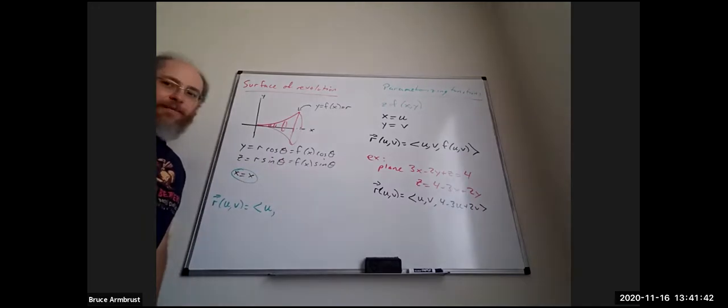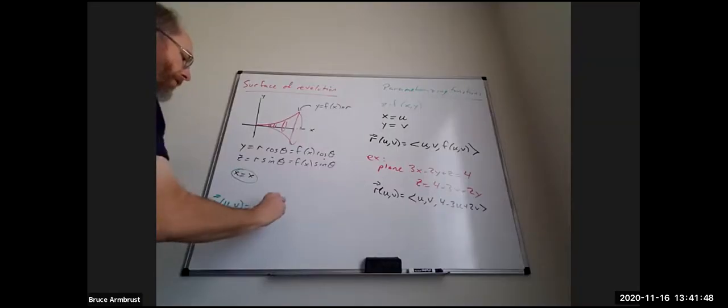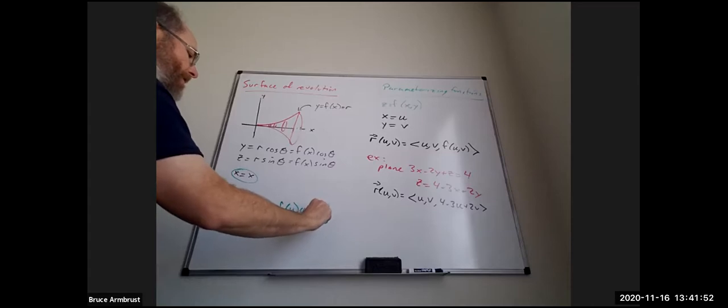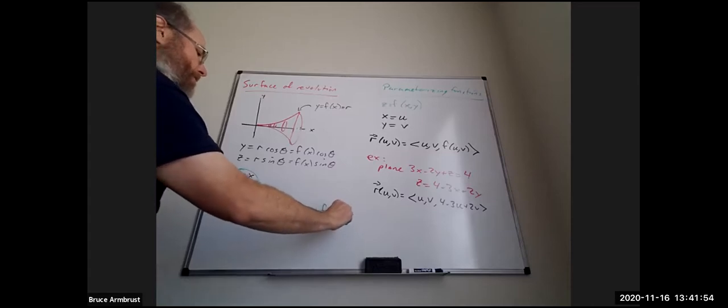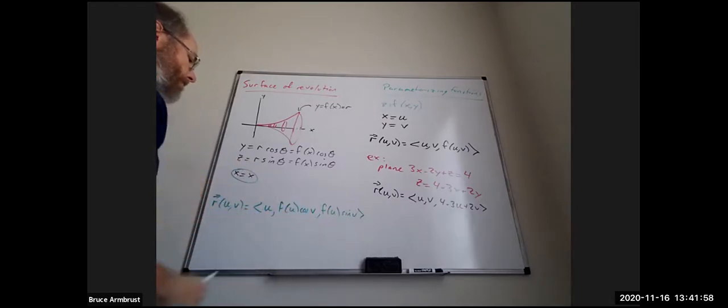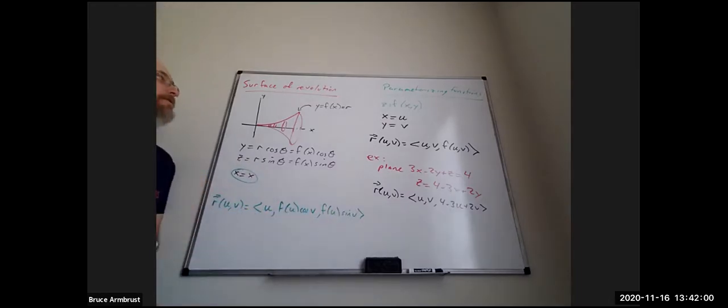So what's the v going to be? Theta. Yeah, the only other one out there, which is theta. So we're going to get u, f of u cosine v, comma, f of u sine v. And so there's a parameterization for the surface of revolution.